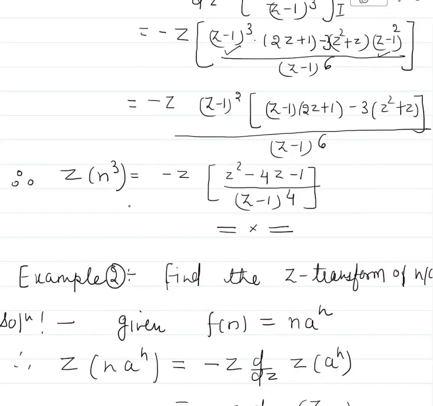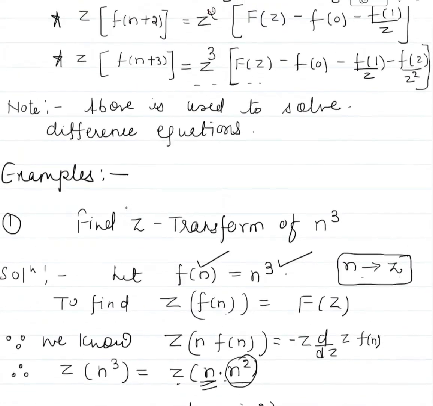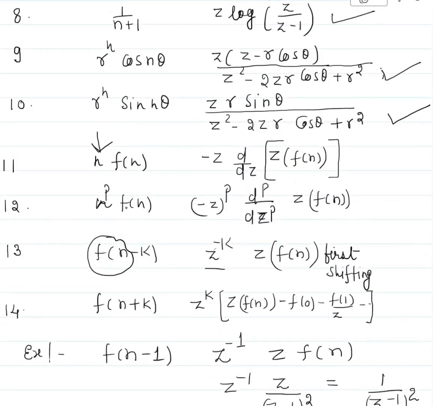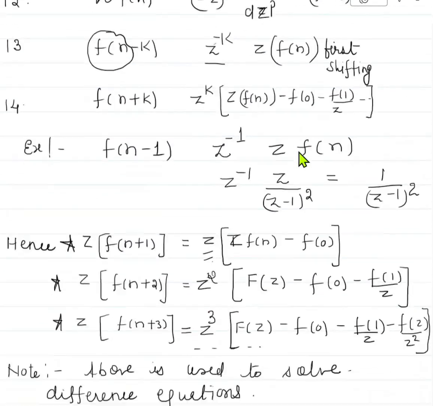So this is the answer of z transform of the function n cube. So we are using here the property when the function is multiplied by n, and this is the formula in the list, formula number 11.